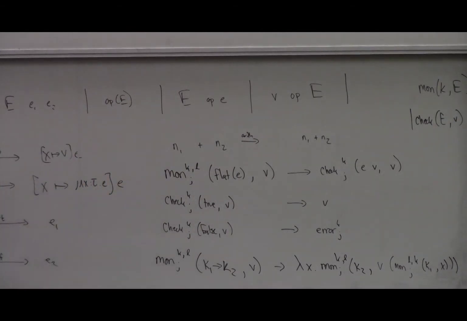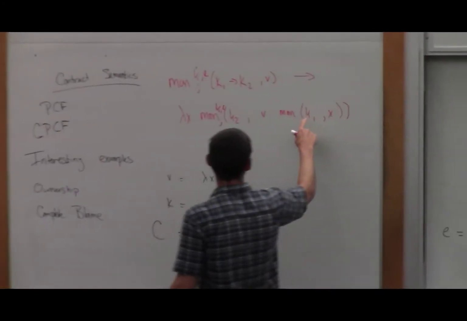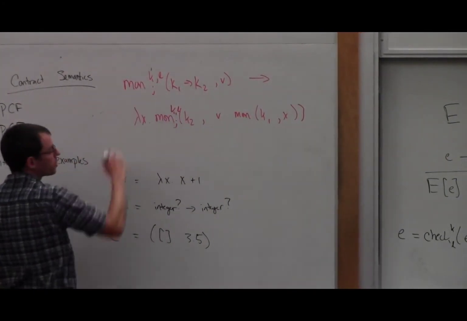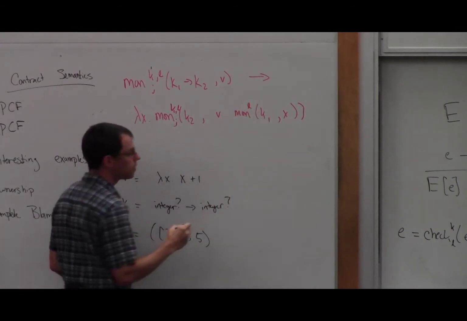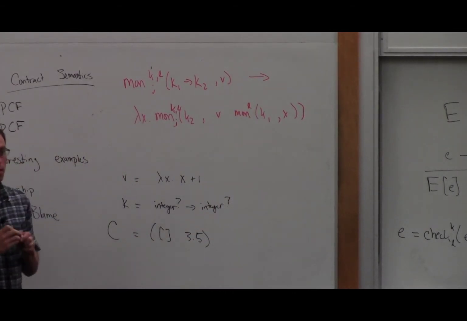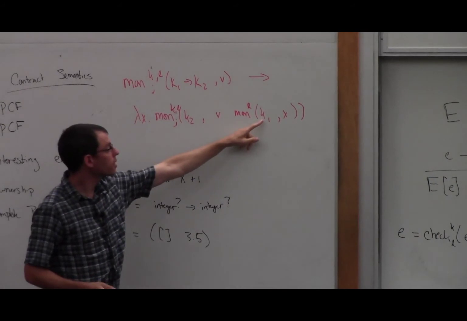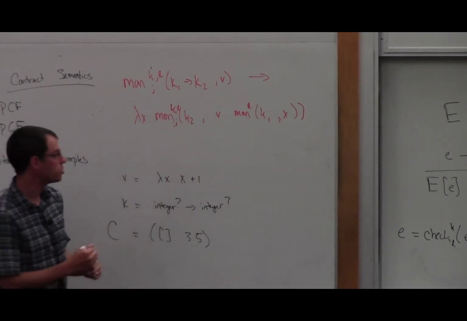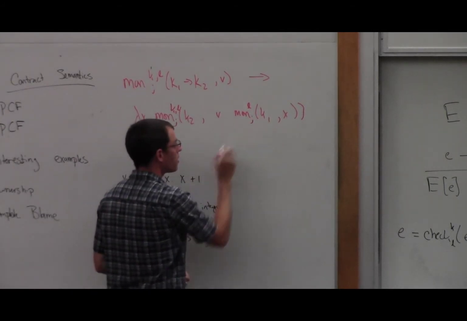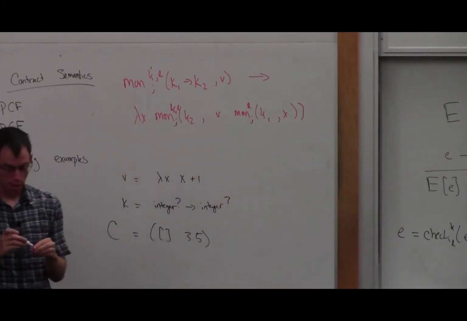So that means the outer label should be the label for the context, which is L. K1 comes from the same contract that K1 arrow K2 came from, so that label is going to stay the same.